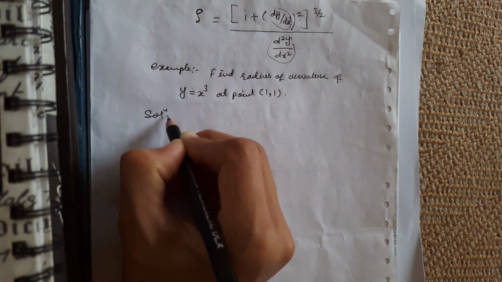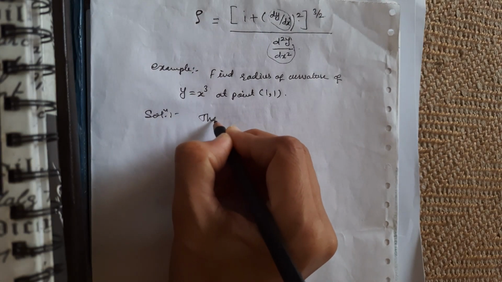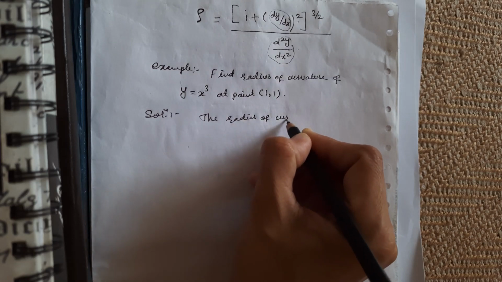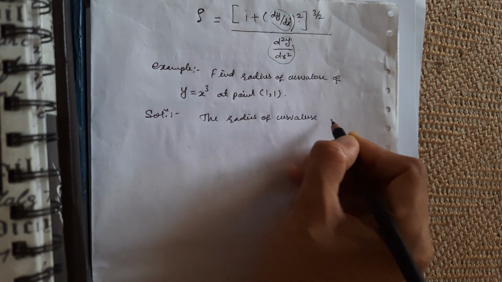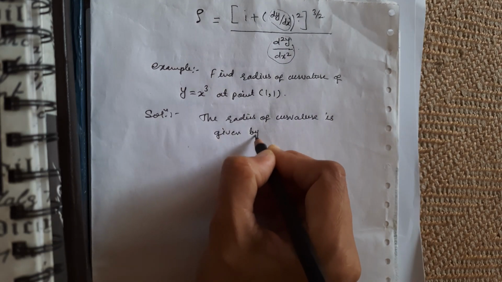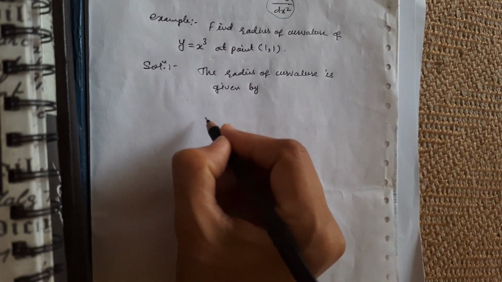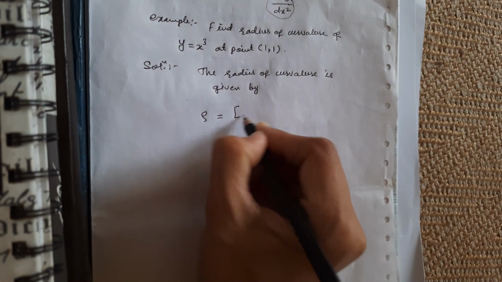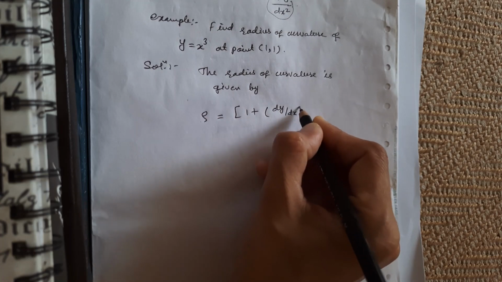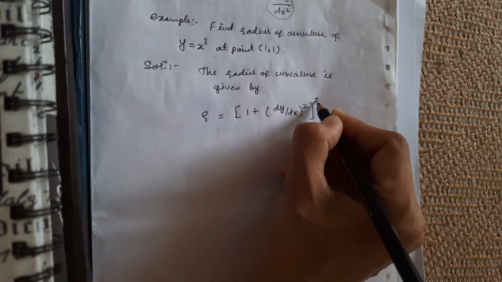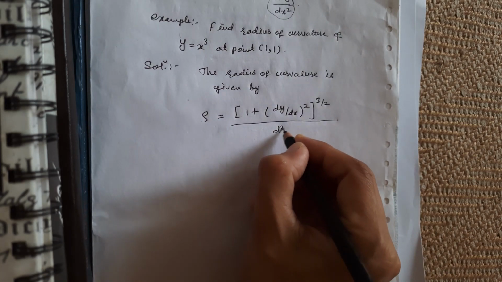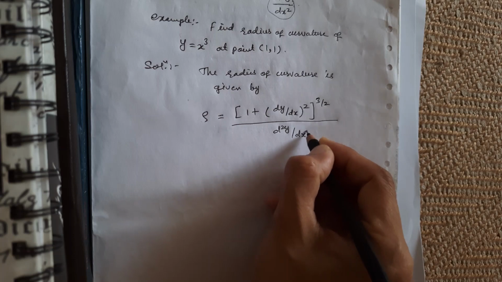Solution. The radius of curvature is given by rho equals (1 plus (dy by dx) square) to the power 3 by 2, divided by d2y by dx square.